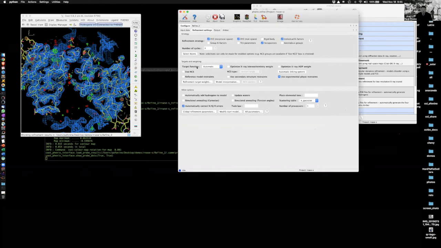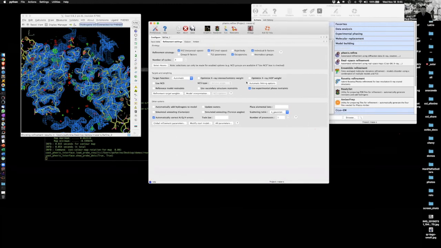Okay, so there are more parameters here. Like I mentioned, things like NCS, secondary structure and reference model restraints. These are all the options that are available to you, but this is something you need to make a decision on your own.